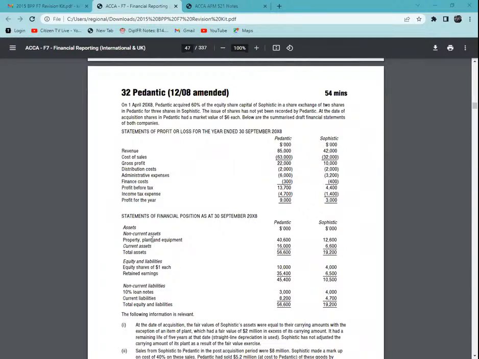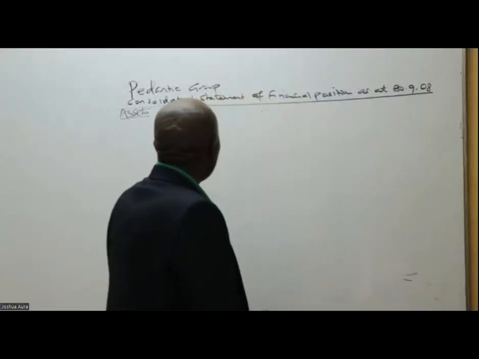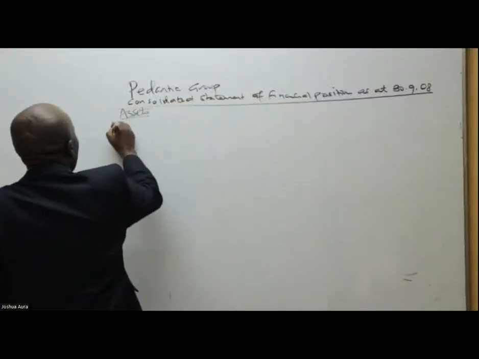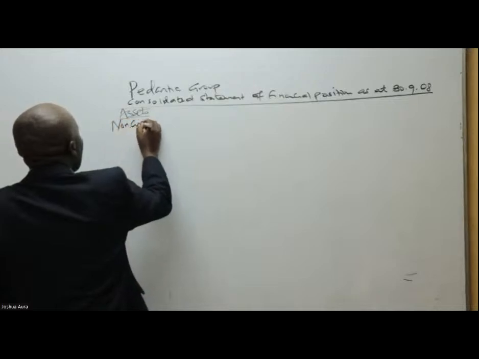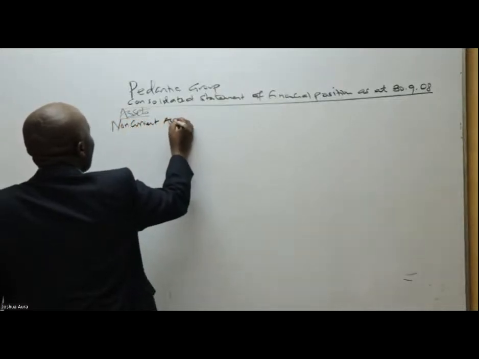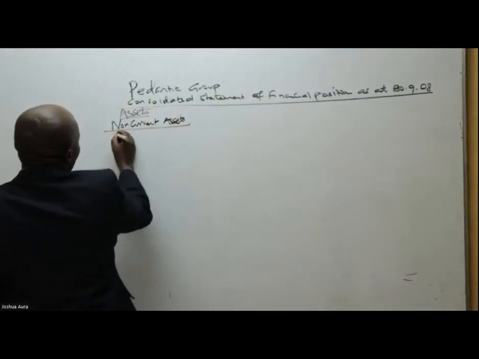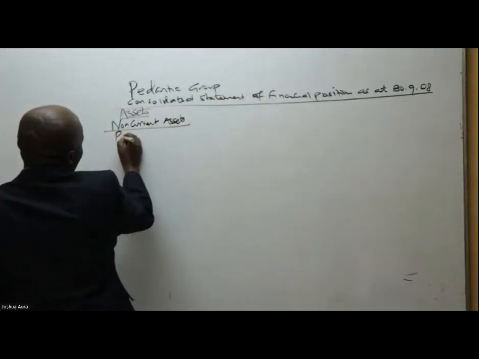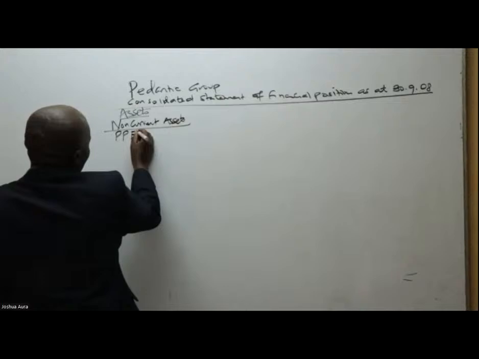So we start with non-current assets. What do we have? The first one there is property, plant and equipment.